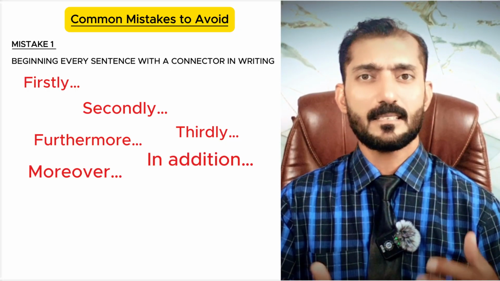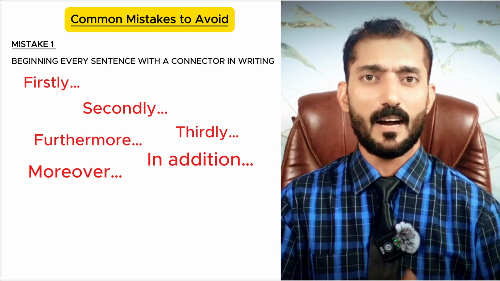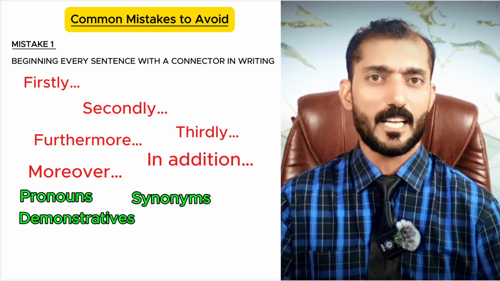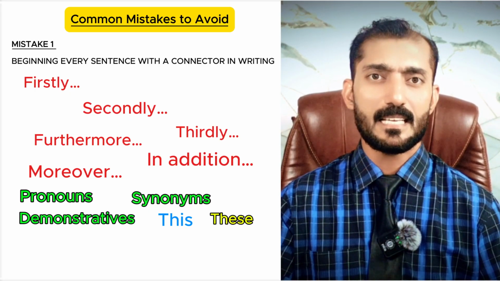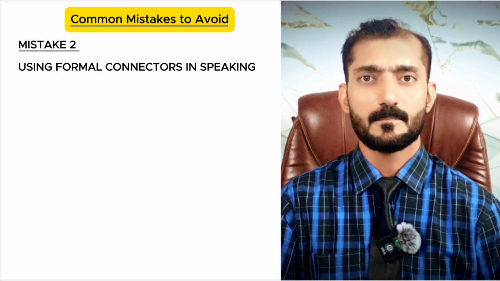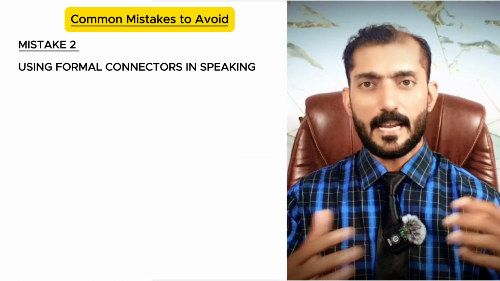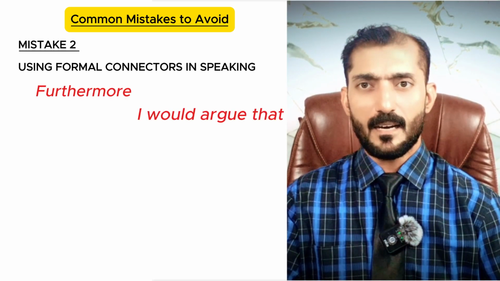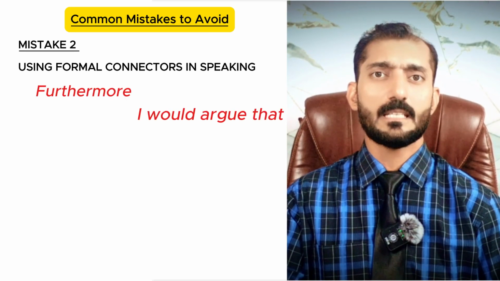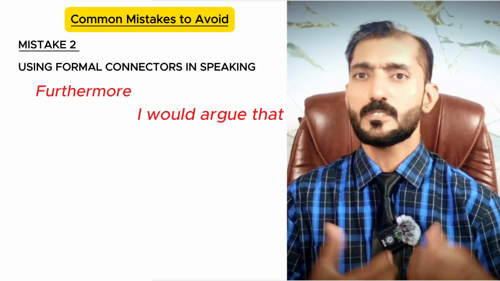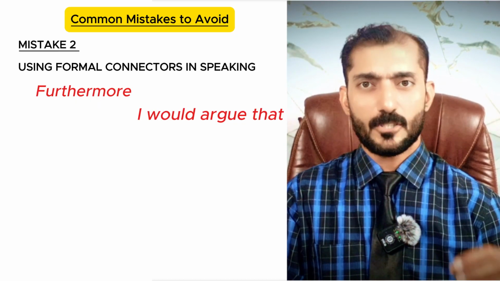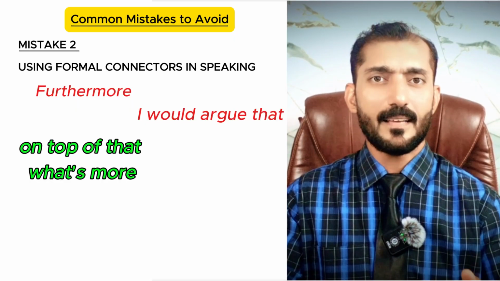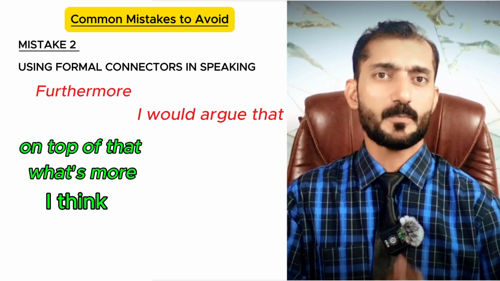Rather, try to mix connectors with other cohesive devices like pronouns, synonyms, and demonstratives such as this, these, such, and so on. Second common problem is that saying furthermore, I'd argue that, and so on in a spoken response sounds robotic. Instead, use on top of that or what's more, I think, and so on when speaking.